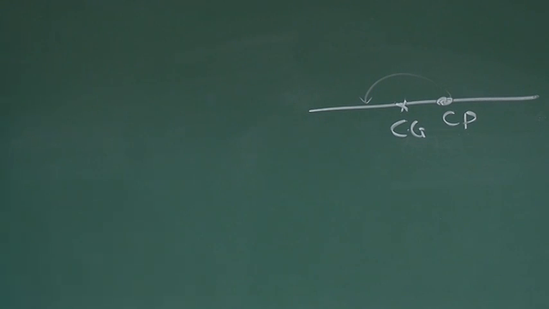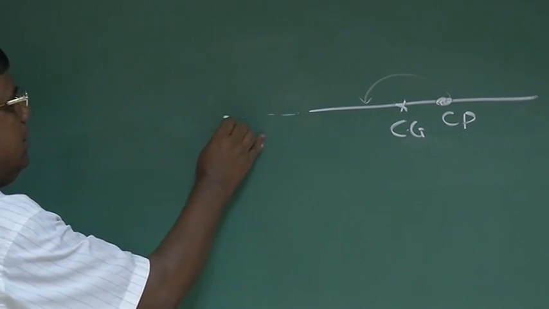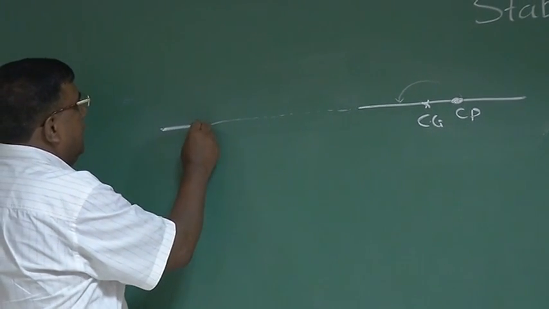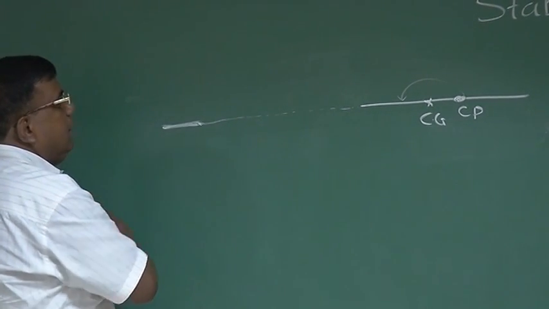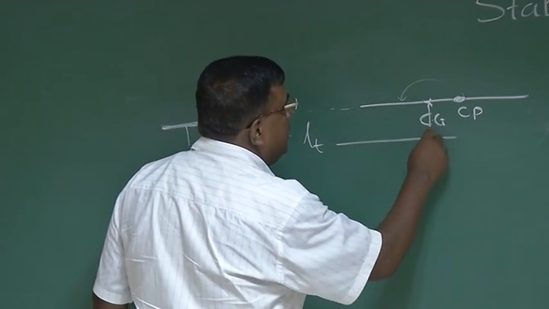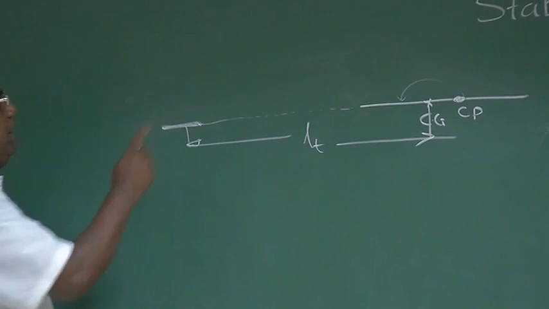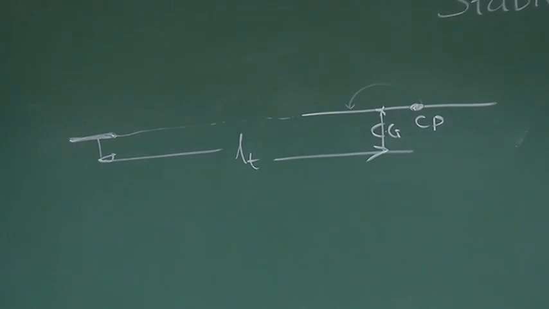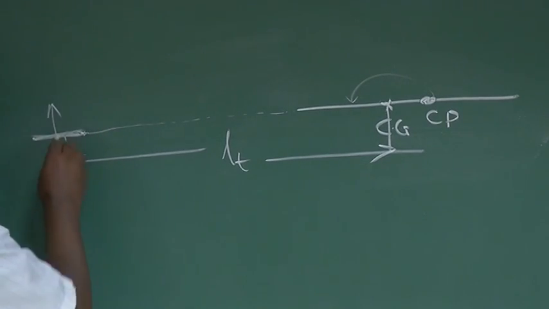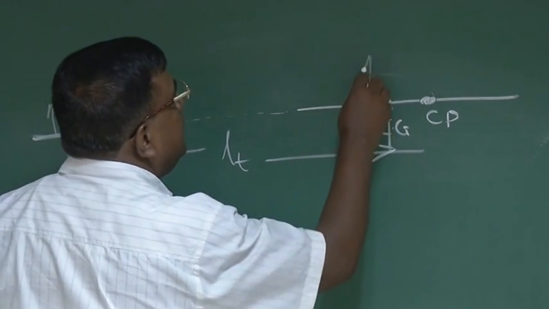Okay? So what I do, let's say I attach a rod and I add another small area at a distance, let's say LT, from the center of gravity of that plate. So now what happens? Whenever it sees some angle of attack, there will be some force acting here also, some force here.